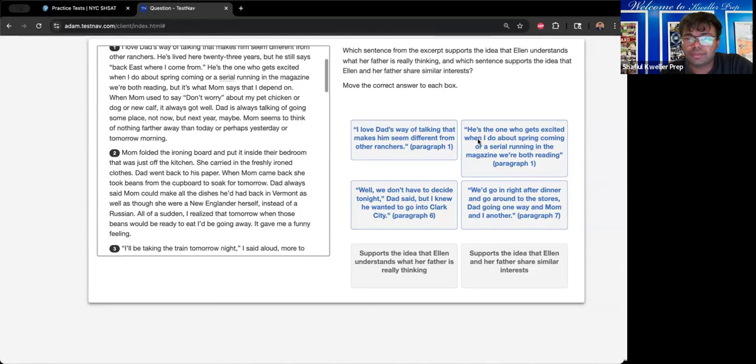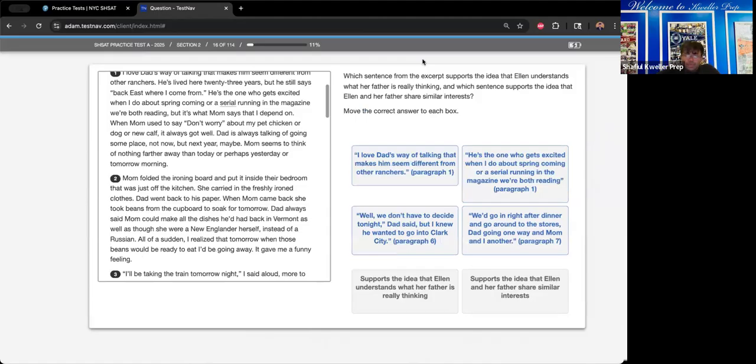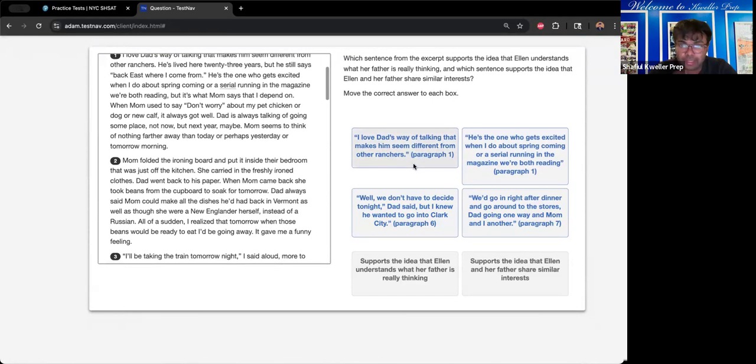Okay, let's start doing this one. One sentence from the excerpt supports the idea that she understands what her father is really thinking, and which sentence supports the idea that Ellen and her father share the same interests. Okay, let's go through each one.